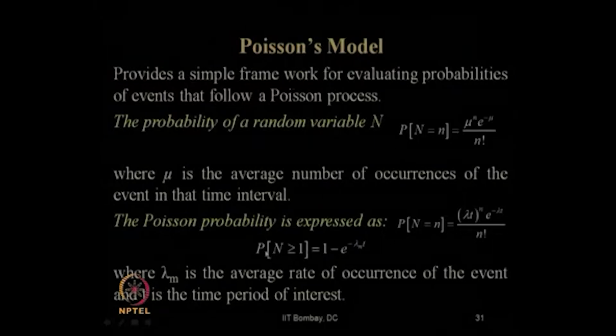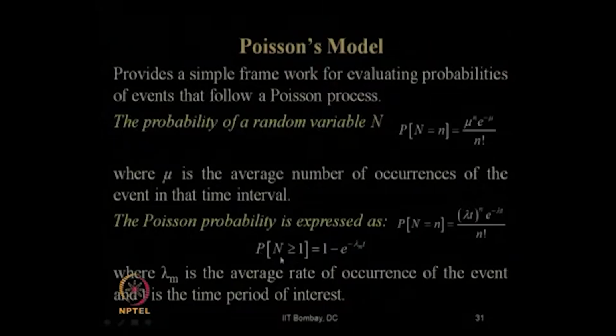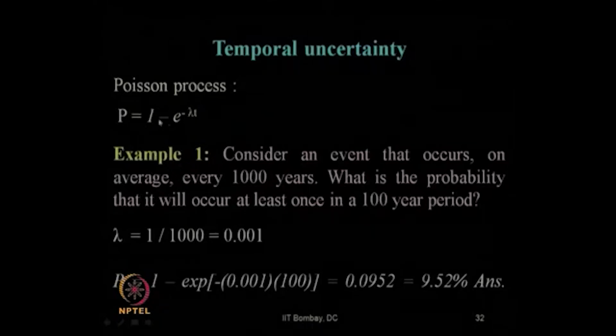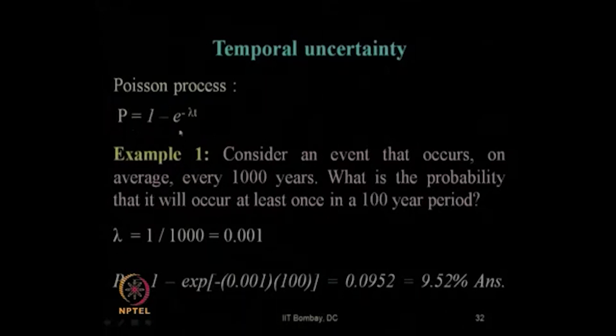If we say occurrence of an event at least once, that is n greater than or equal to 1, will be 1 minus e to the power minus lambda n t using this Poisson relationship. We have seen in the previous lecture, through an example, the at-least-once occurrence of an event using this Poisson probability distribution equation.